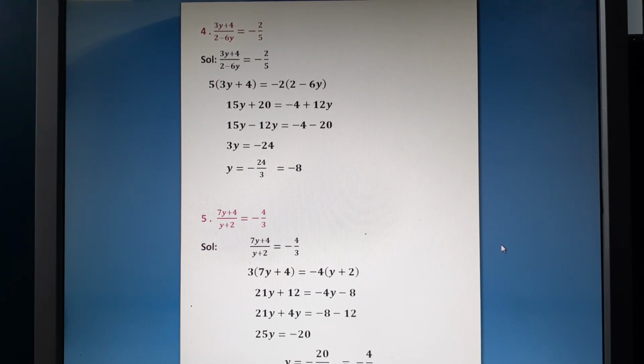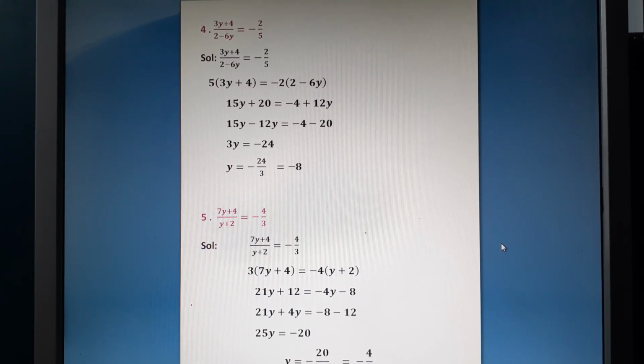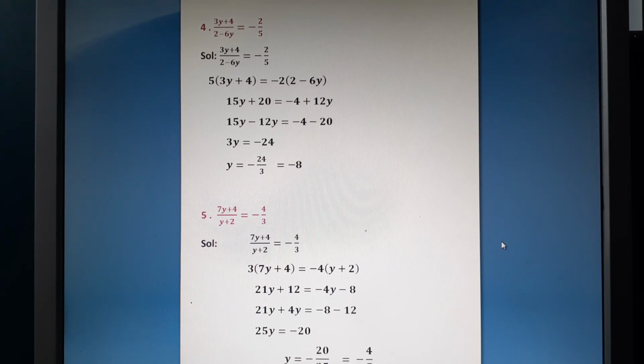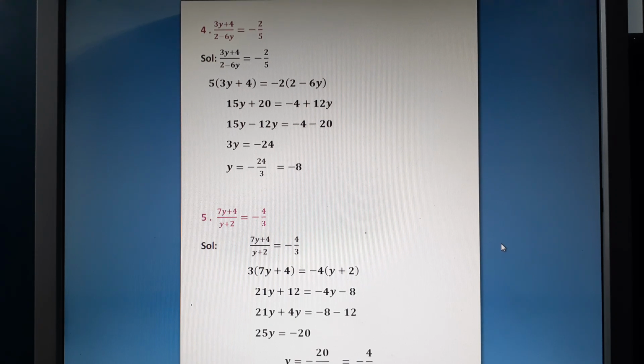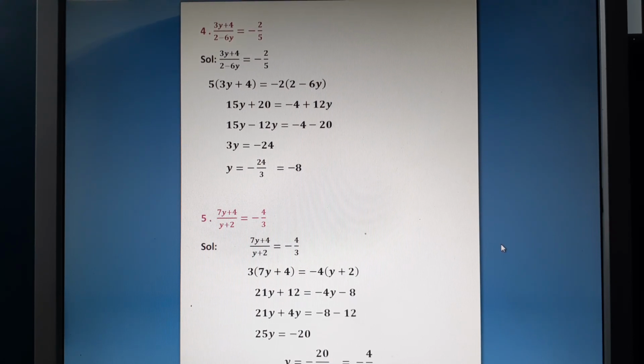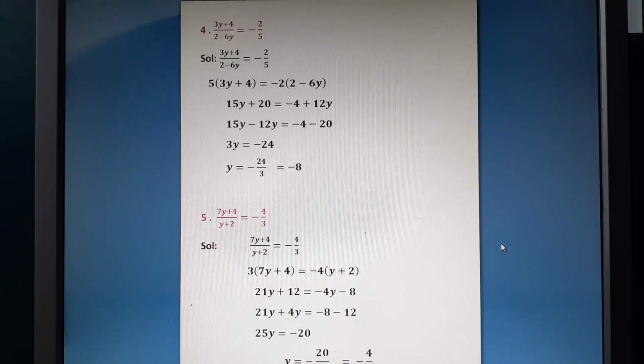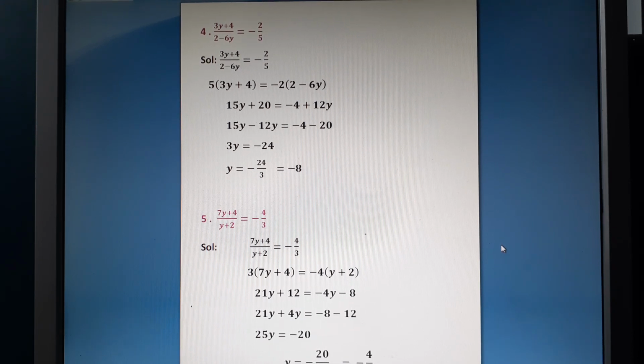After that we get 5 into (3y plus 4) is equal to minus 2 into (2 minus 6y). 5 into 3y, 15y, plus 5 into 4, 20, is equal to minus 2 into 2, minus 4, minus 2 into minus 6y, plus 12y.